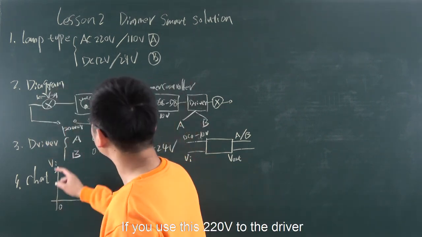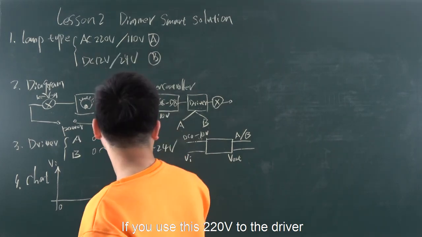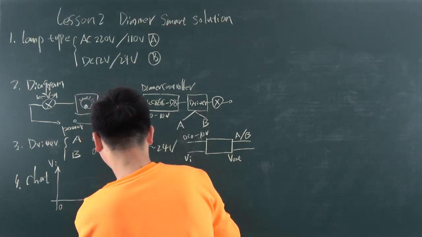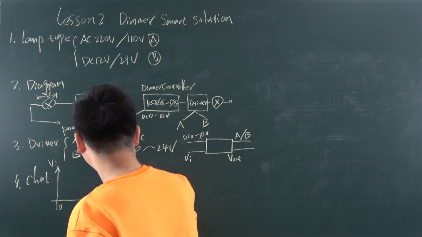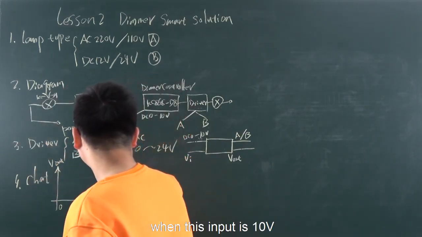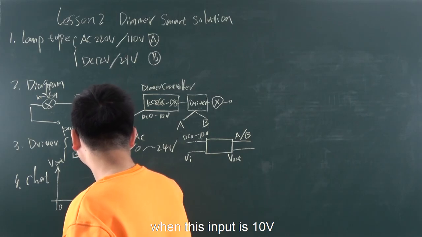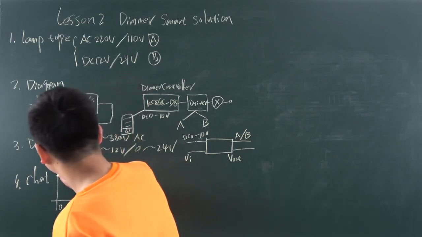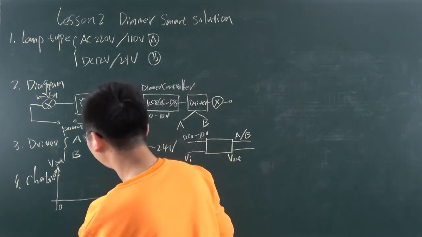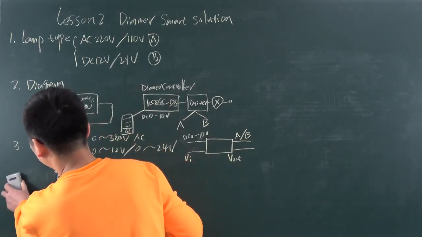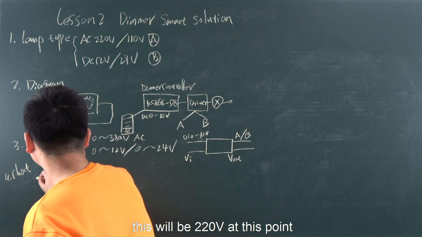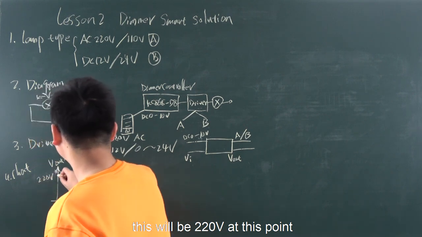If you use 220 volts with the driver, when the input is 10 voltage, the output will be 220 voltage at this point.